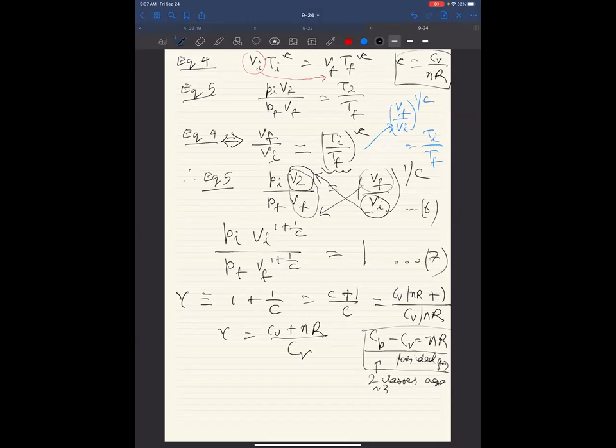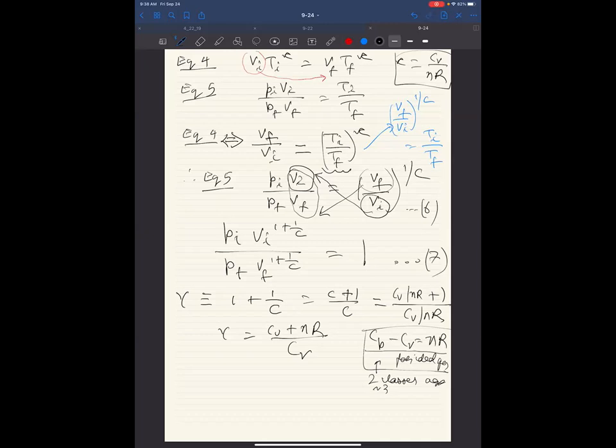They are the same, but can we write down the value? FR over 2, right? So this is partial U by partial T at constant V plus NR. And what is another name for partial U by partial T at constant V? CV. So this is CV plus NR. So this is how we showed that CP is equal to CV plus NR for an ideal gas.